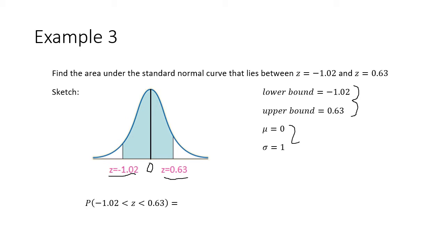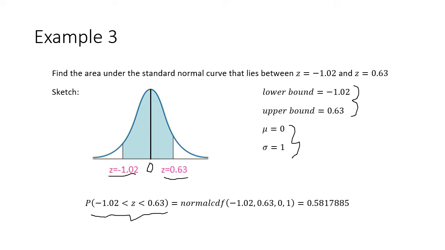We still have our standard setup with our mean being 0 and our standard deviation being 1. And again, what we're trying to see is that region between those two values. And you see here we're looking at the probability of a compound inequality. What are the z's between negative 1.02 and 0.63? And again, you're just going to type that into your calculator, press enter, get your answer, and it looks like this answer is 0.5817885, and that's it.